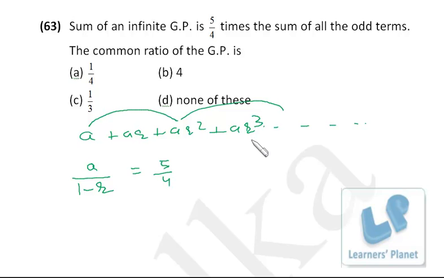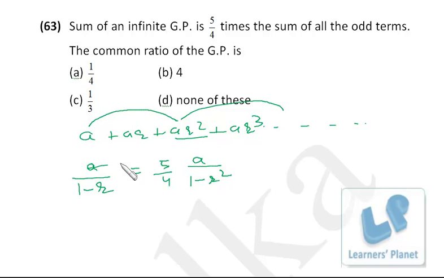Now again you will be getting an infinite GP. Okay, but in that case what will happen? The common ratio will not be r, but it will be r square, because if you divide ar square by a, the common ratio obtained will be r square. Okay, so first term will still be a, but the common ratio will be r square.